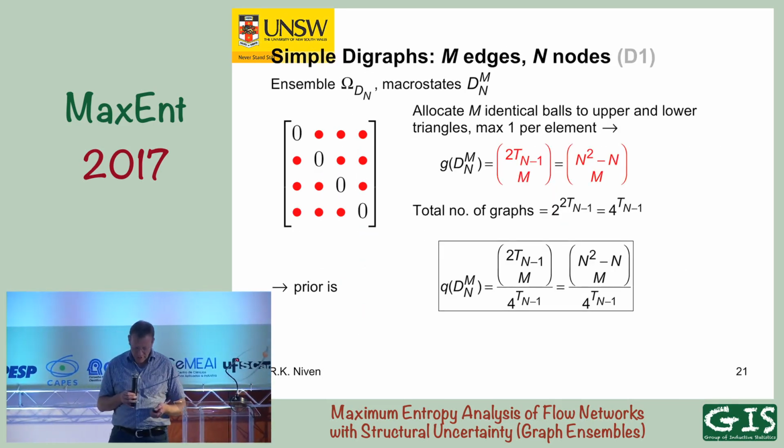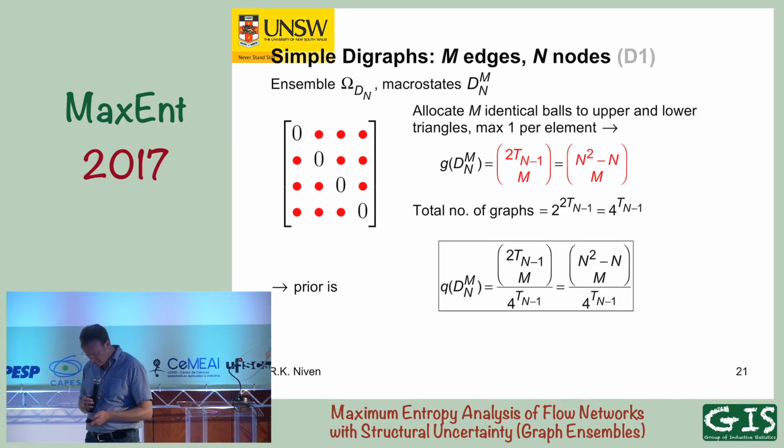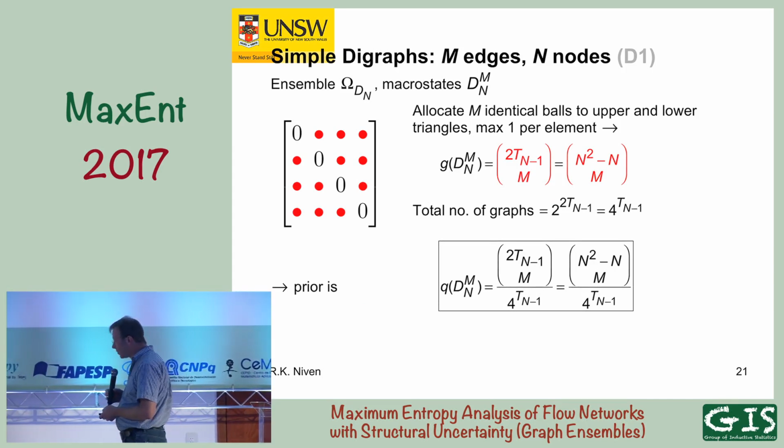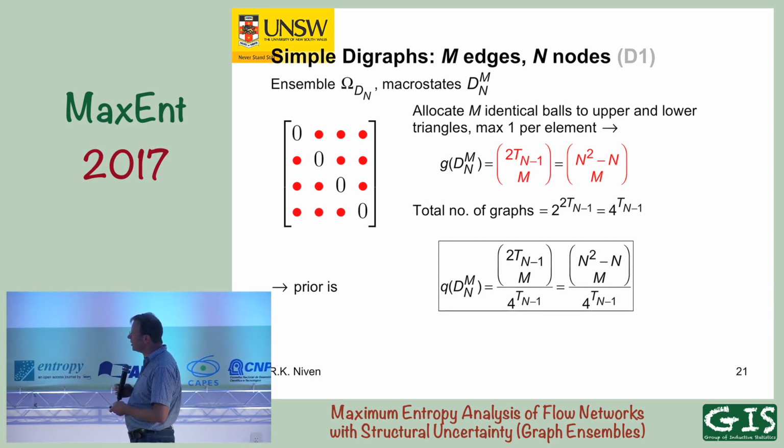For directed graphs, digraphs, we have the possibility now that these lower triangle elements are independent of the upper ones. I'm considering without loops in this case, so we now have an allocation scheme of these M edges to all of these. So there it is.